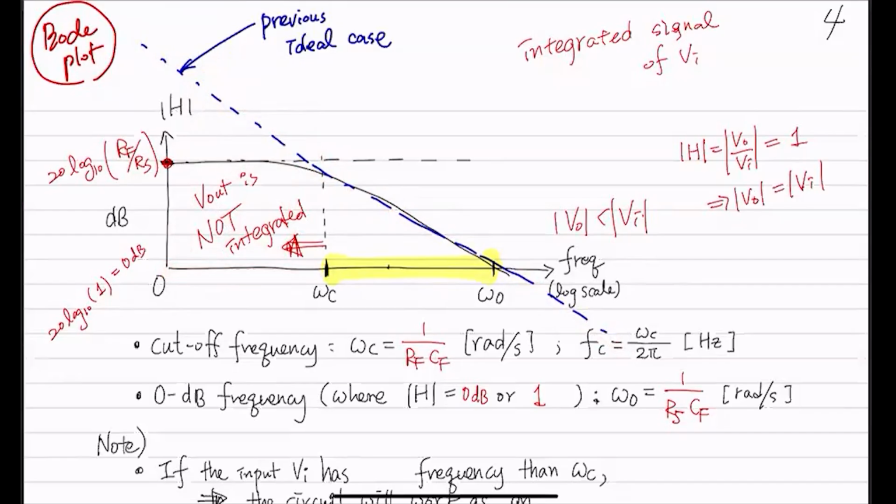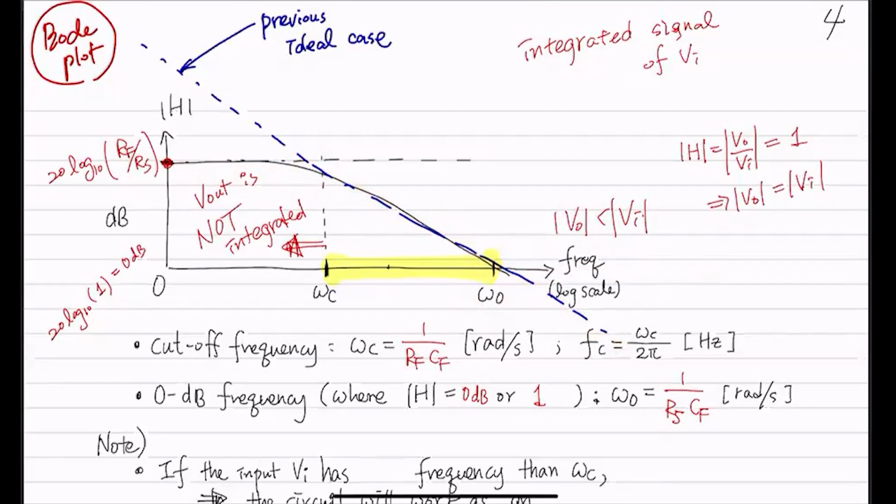And you should use the frequency that is above this cutoff frequency but below your 0 dB frequency, because even in this area, it is being integrated. Take a look, your practical response, the black curve, is the same as your ideal blue curve, right?